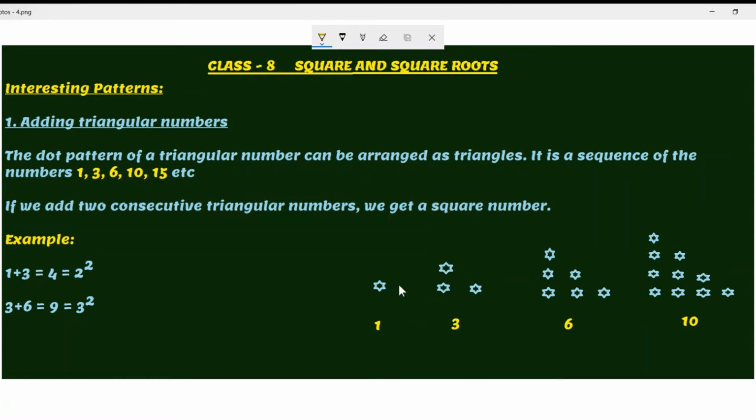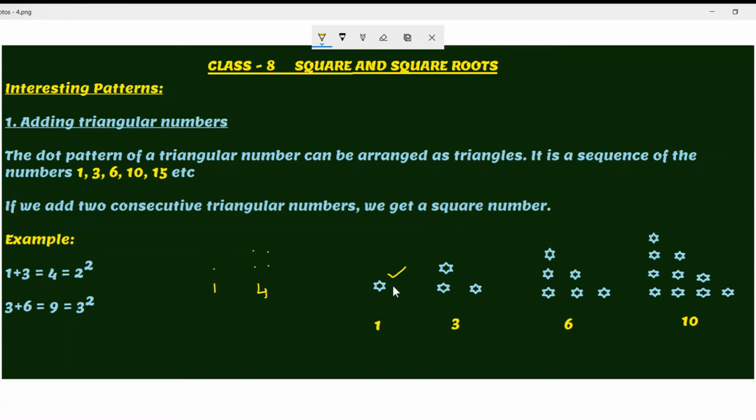That means 1 is a triangular number. 1 is not only a triangular number but also a square number. Like that, we have to take 1 as a triangular number.